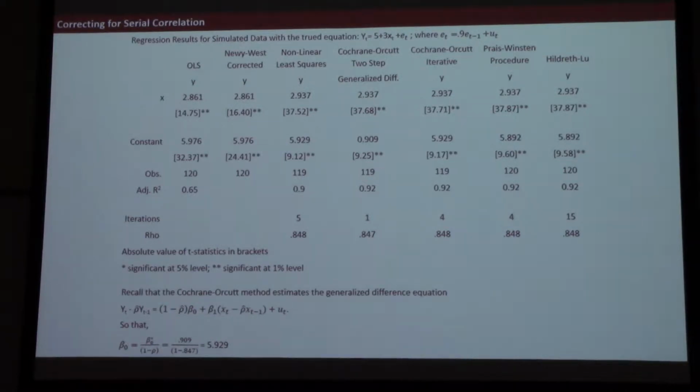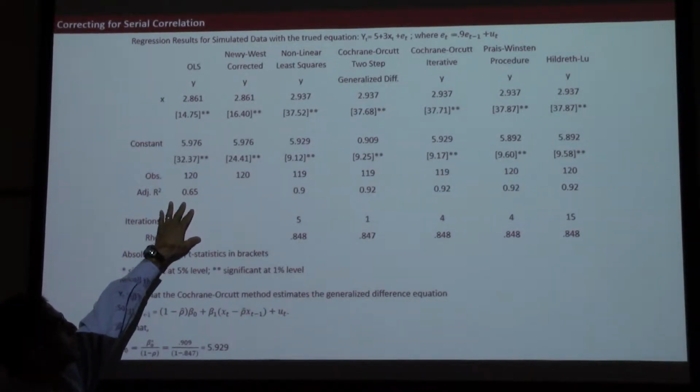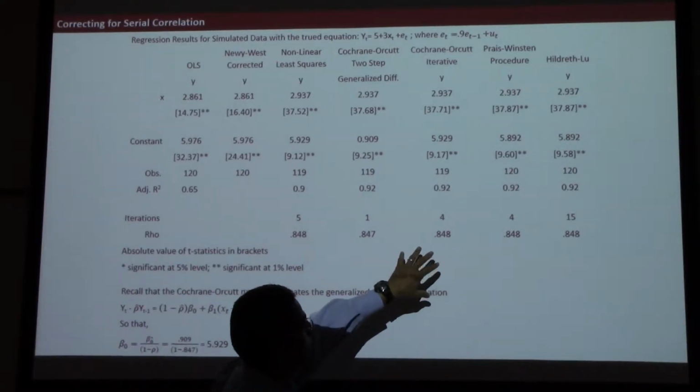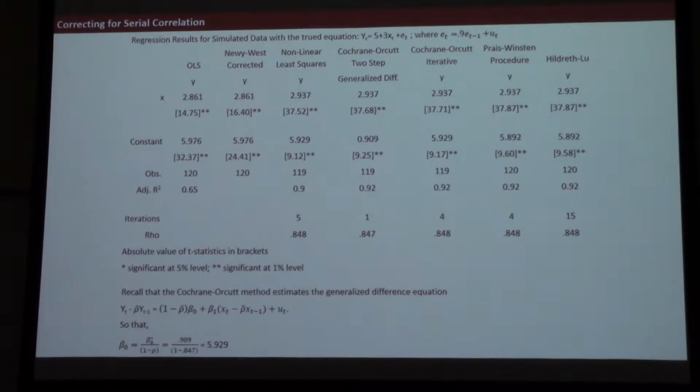So even if we ignored serial correlation, this is what we'd end up with. If we correct for it using any of these three procedures, we're not really deviating too far from our ordinary least squares. But we've done what we're supposed to do.